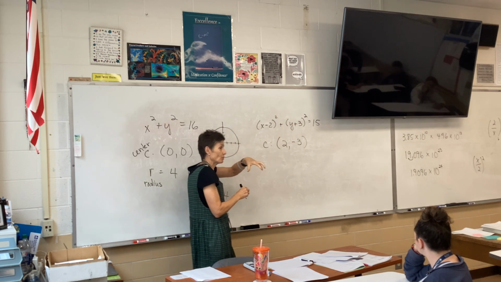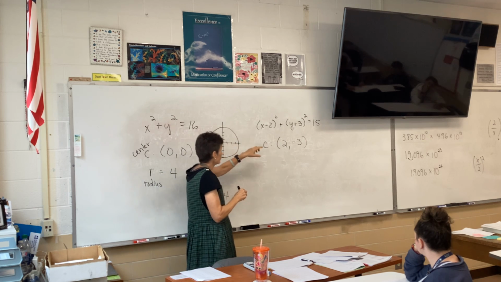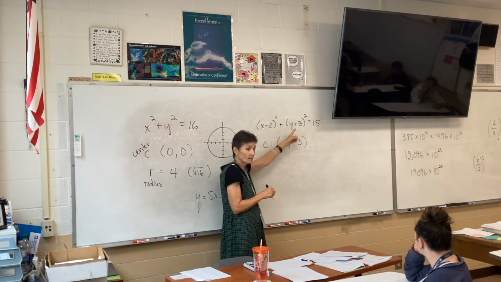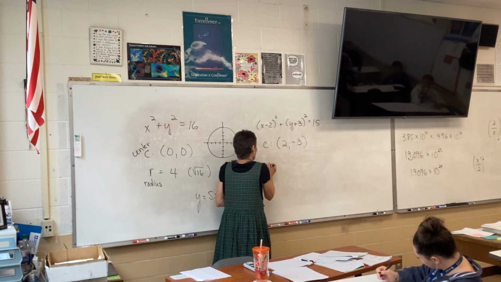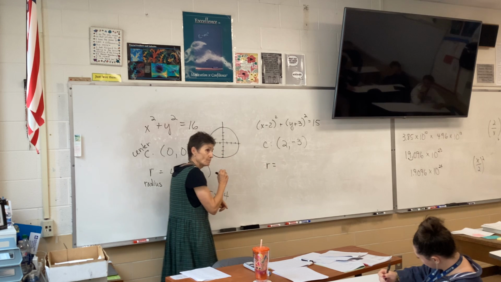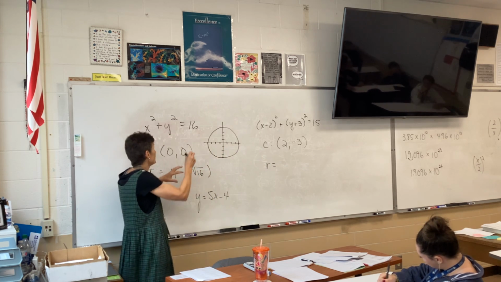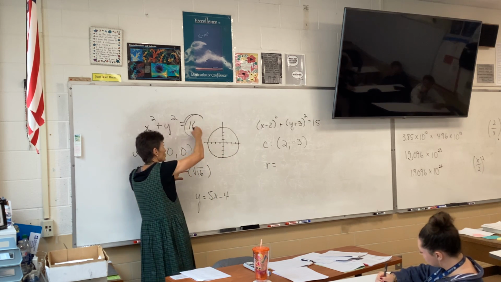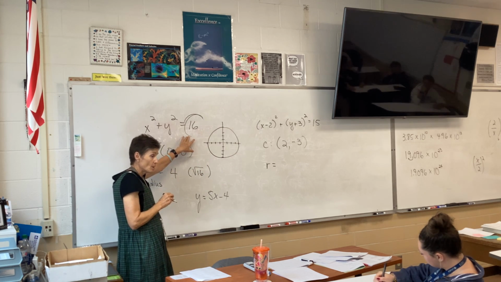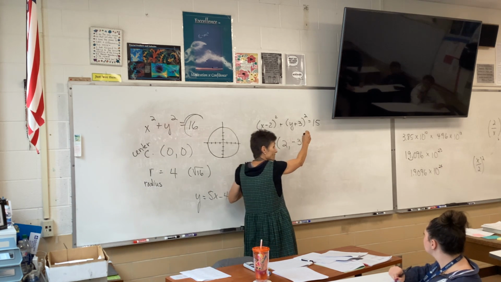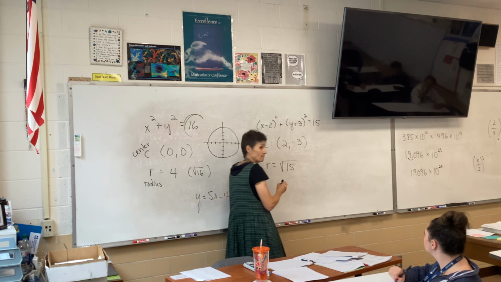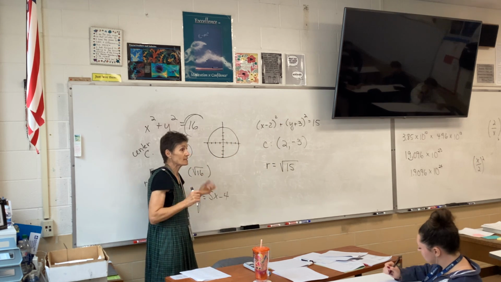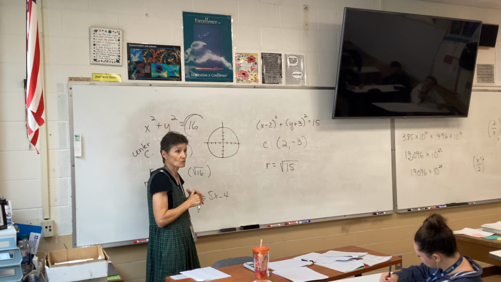So the center for this circle is at 2, negative 3. The radius, now look over here, I got the radius by taking the square root of that number. So guess what the radius of this circle is? Square root of 15. I don't know what that is, some decimal, but that's the radius, the square root of 15.